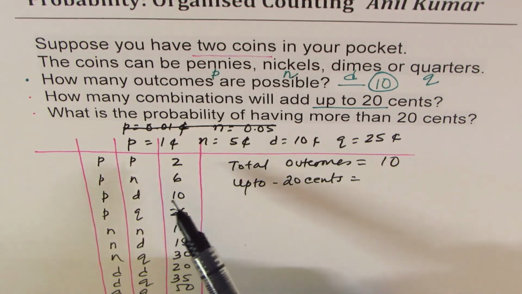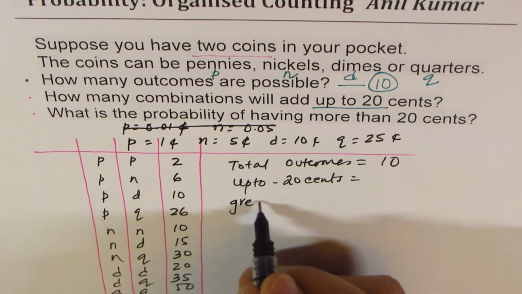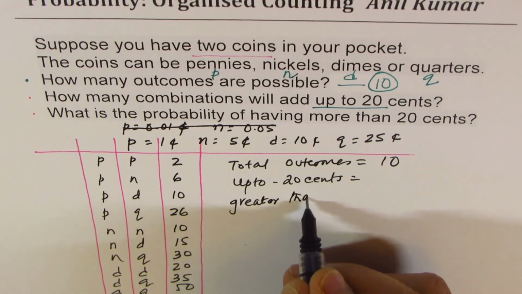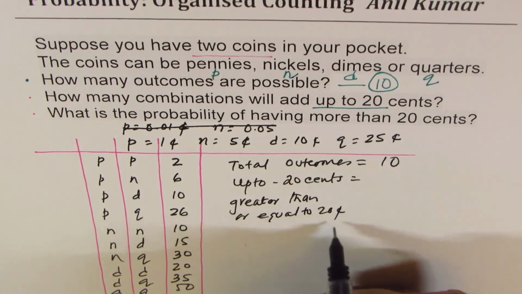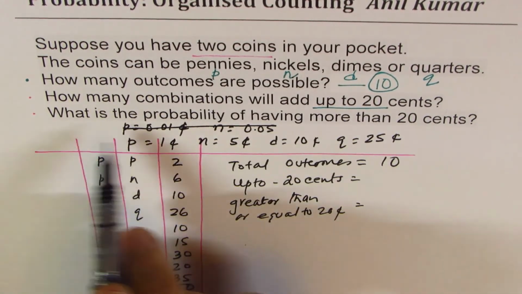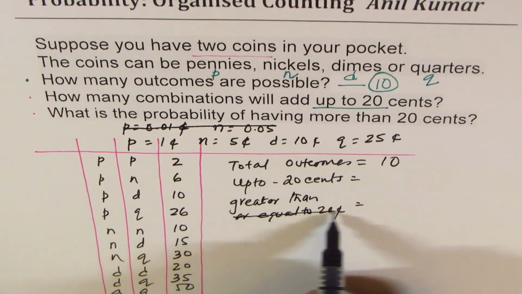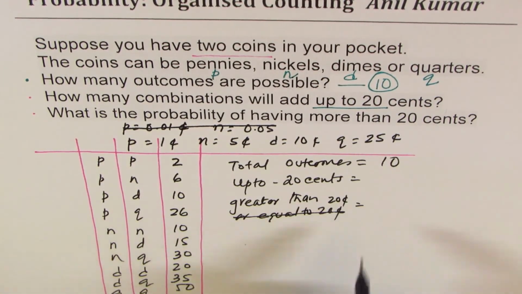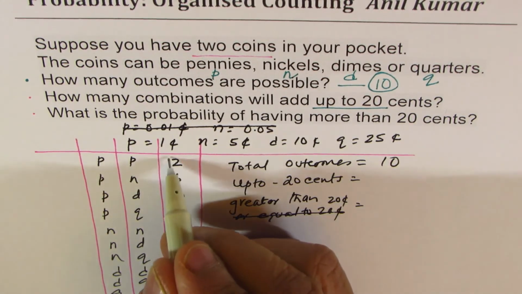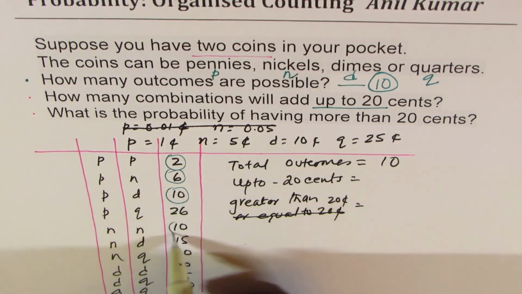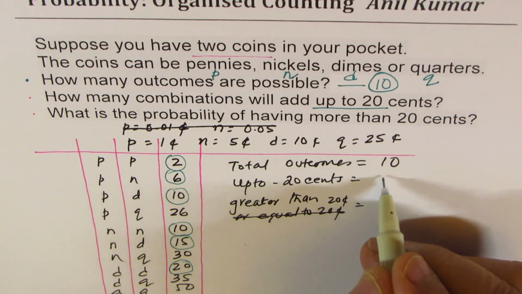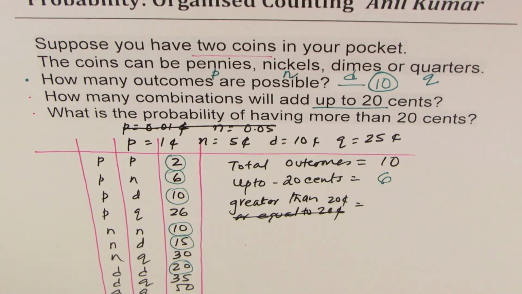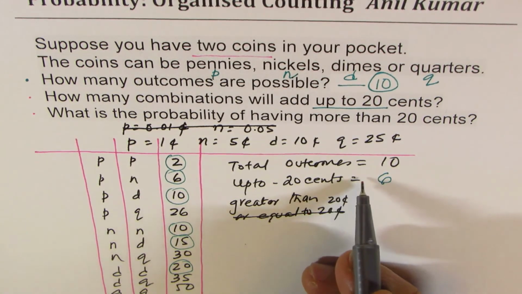And let's write greater than 20 cents. What is the probability of having more than 20 cents? So we are only interested in greater than 20 cents. Up to 20 cents, let's circle those: 1, 2, 3, 4, 5, 6 combinations. So up to 20 cents is 6, including 20 cents.